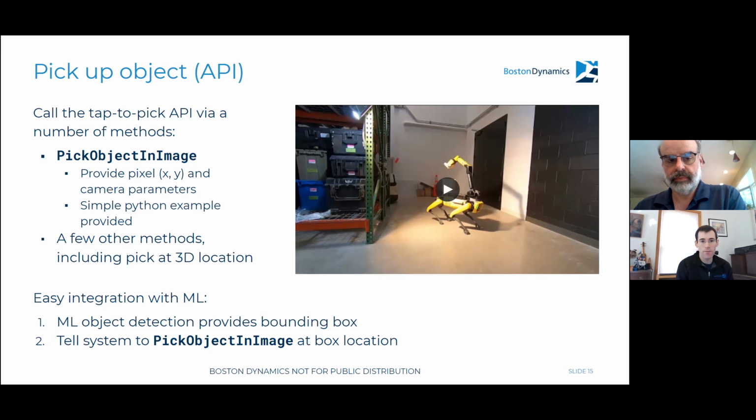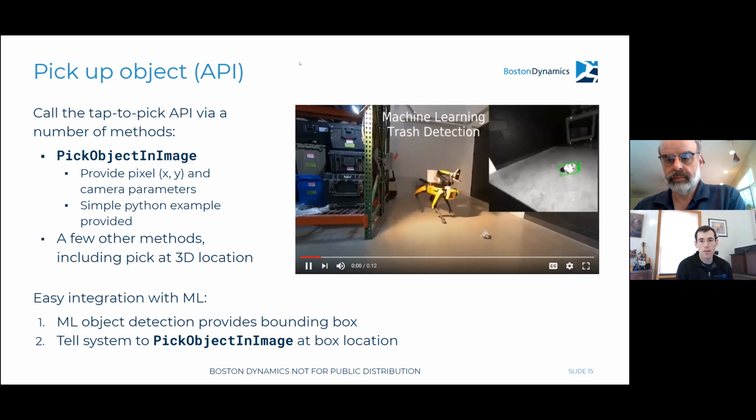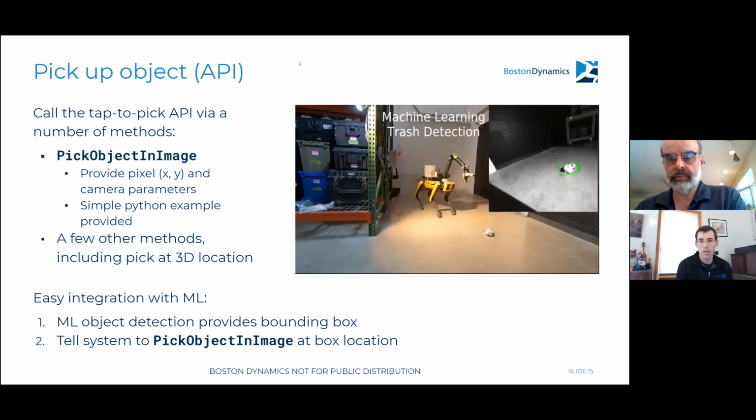We're also going to provide a few other methods, including pick at 3D location and a variety of things, where if you're doing perception independent of our system, you can inform our system and use the rest of our pipeline. As Al mentioned, but I wanted to highlight here, if you go ahead and play the video, there are some really neat ML integration opportunities.